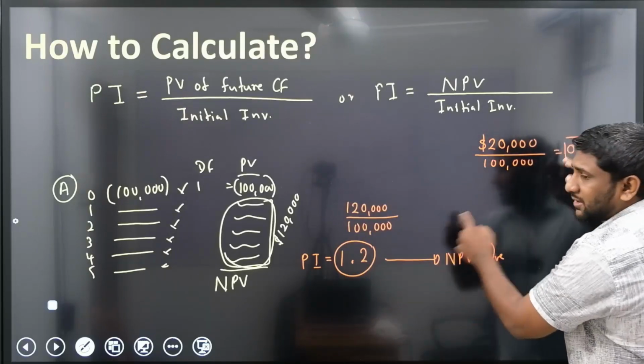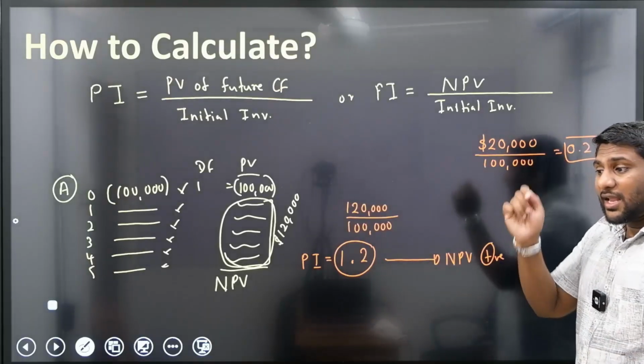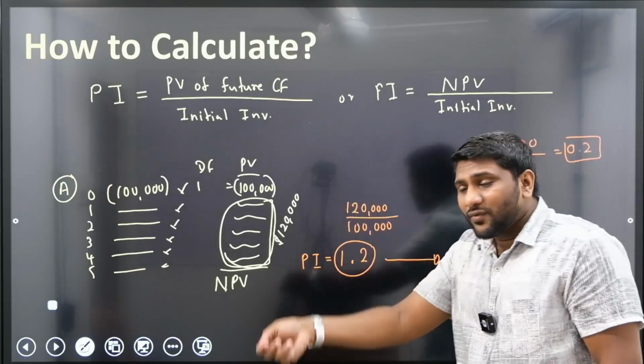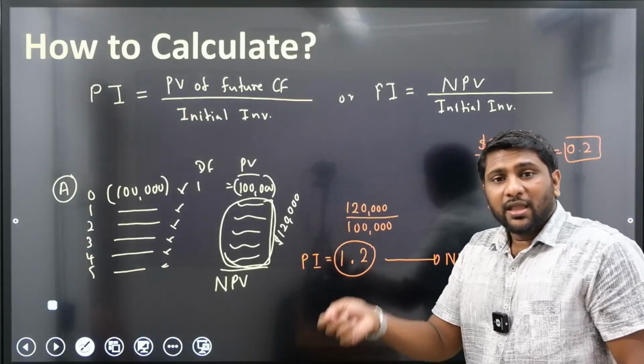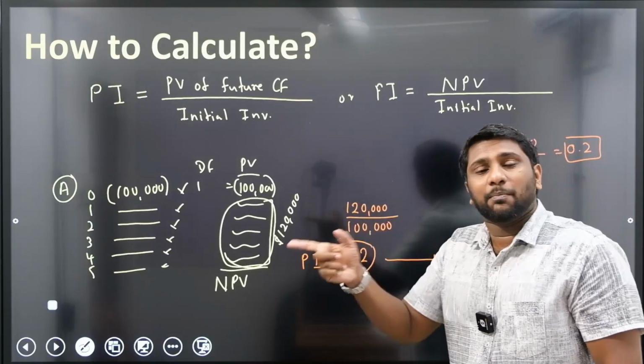Understand, these are two different things. The meaning of this 0.2 is that each and every dollar that you invest in this project will generate a 0.2 NPV.